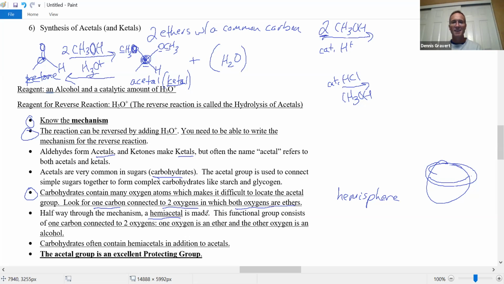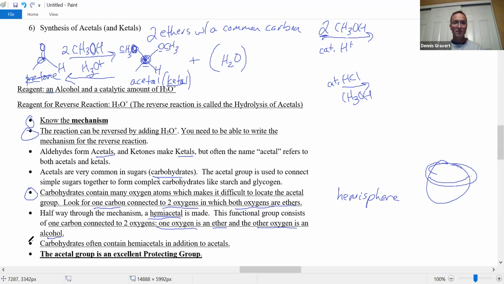A hemiacetal is when you have half of an acetal. You don't have both ethers, you only have one ether. So a hemiacetal is where you do have two oxygens, but one oxygen is the ether, the other oxygen is an alcohol. So I'll point out the hemiacetal in our mechanism.